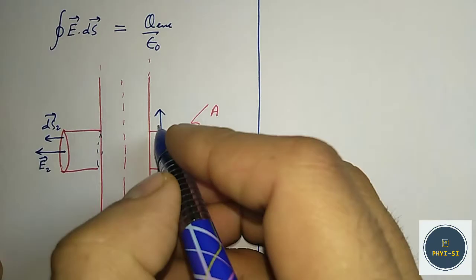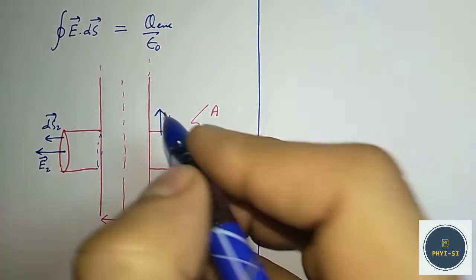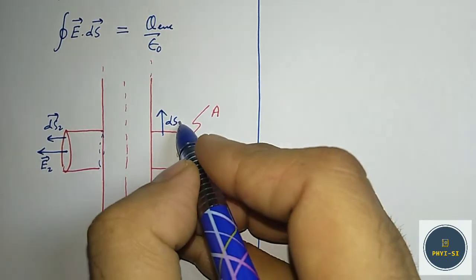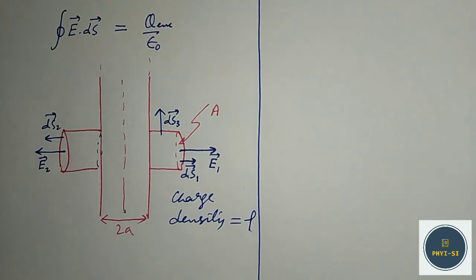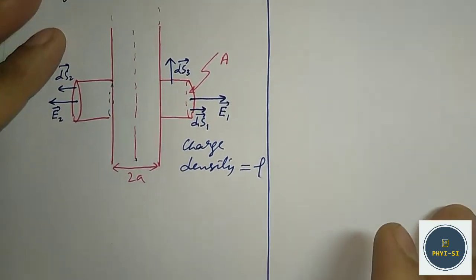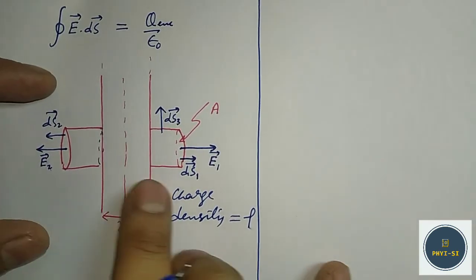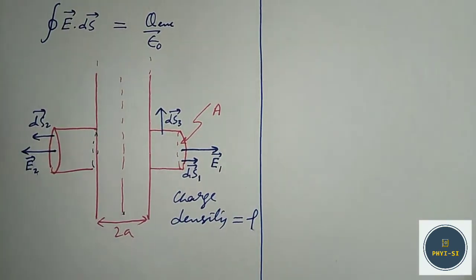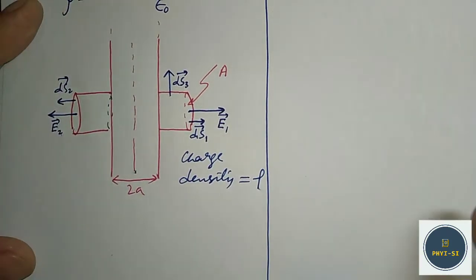Let's say the area element in this case is ds3. Now we'll apply the Gauss law. Our surface is divided into three portions: S1, S2 and S3. So I will split this integral.